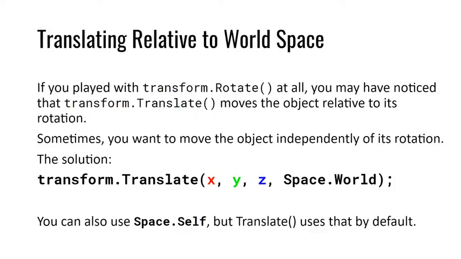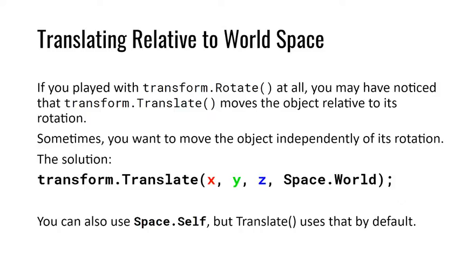Anyway, I missed this slide, so you should probably just look. If you were rotating it and using translate at the same time, the object moved relative to its rotation. So if you press up but it's rotated 90 degrees, it'll move left instead. Sometimes you would want this, like with tank controls, but often you don't.